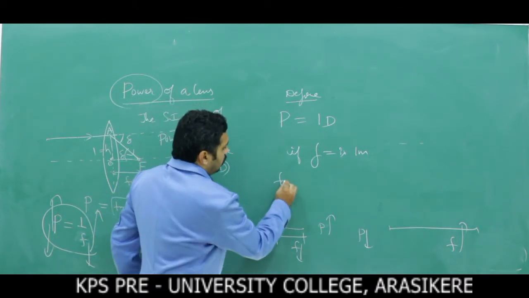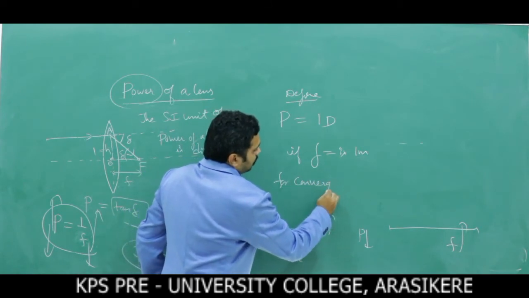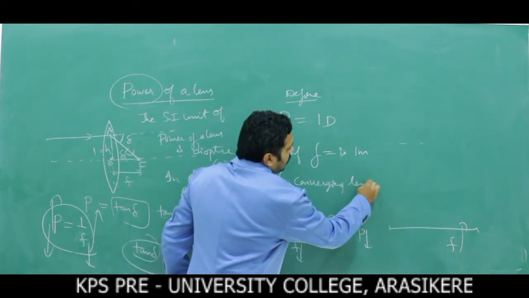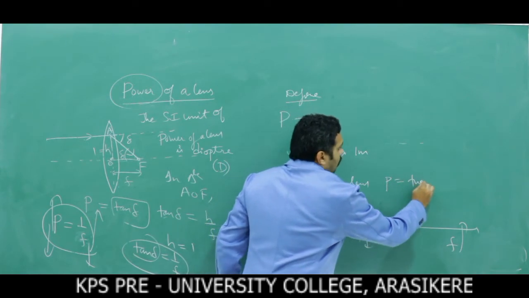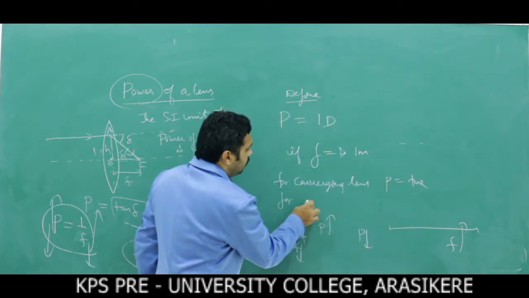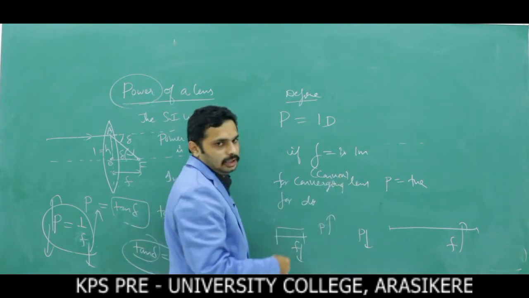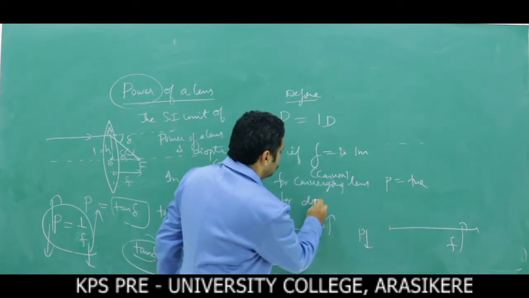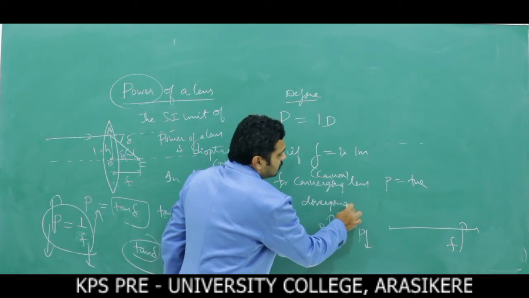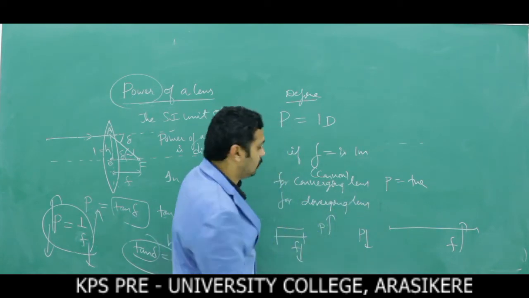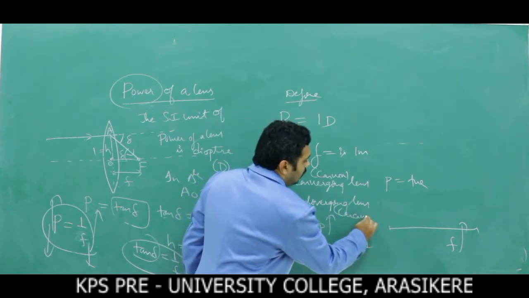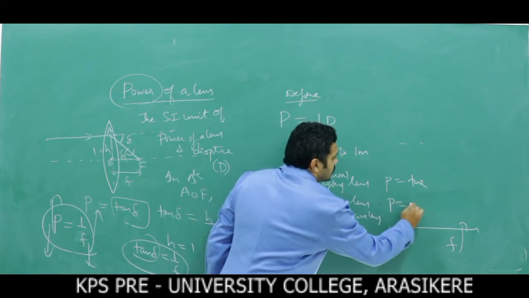Now for a converging lens, power is positive. Converging lens means convex lens. For a convex lens, power is positive. Diverging lens means concave lens. For a concave lens, power is negative.